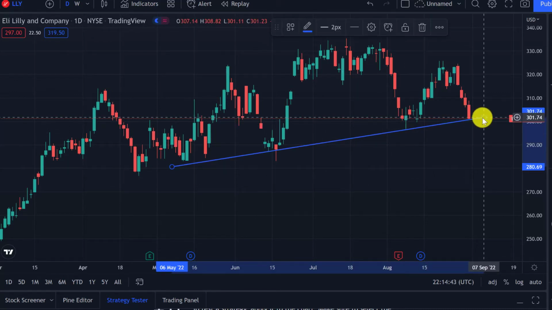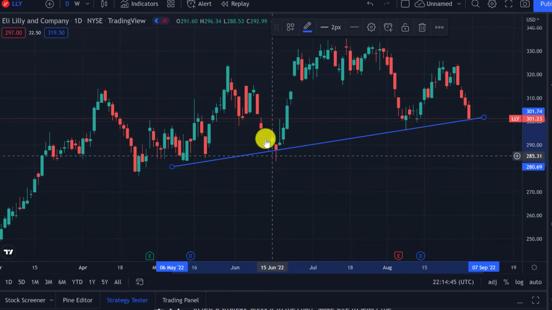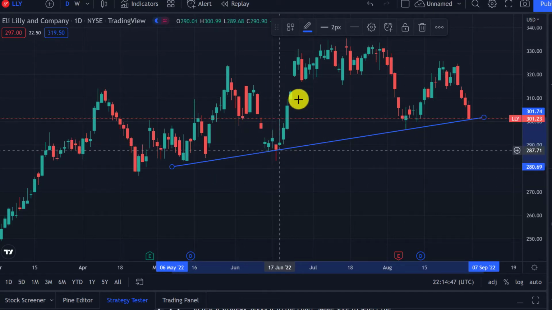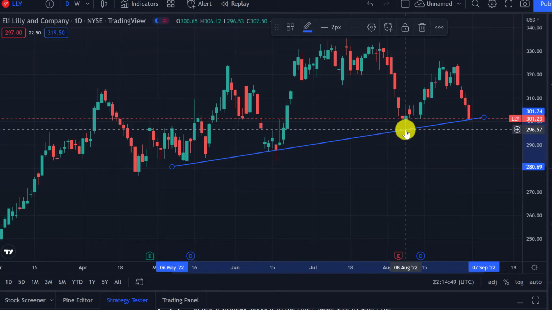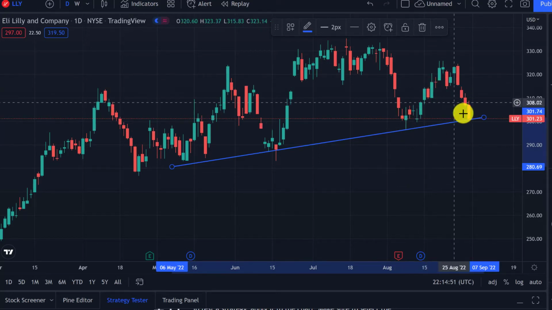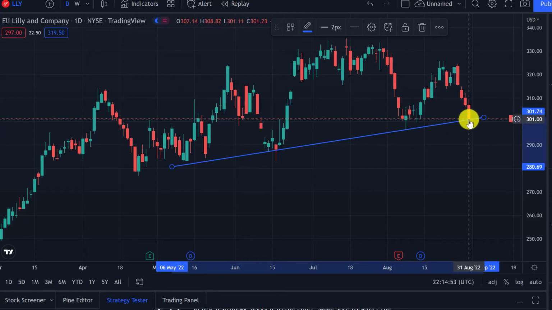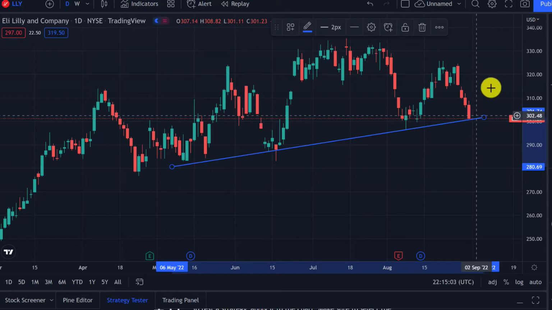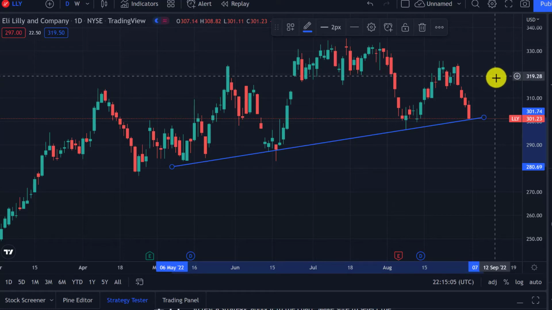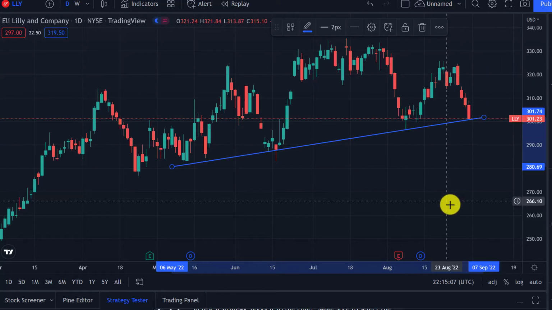So if we draw this line here, you'll notice that we had 1, stock came down, bounced up, 2, barely touched here, but it did come up, and then 3, right here. So this tells us that right at about 301, the stock comes down. It's 301.74 right now. It comes down to 301, you buy it, and then it should come right back up somewhere in this area. Now, that is not a guarantee at all.